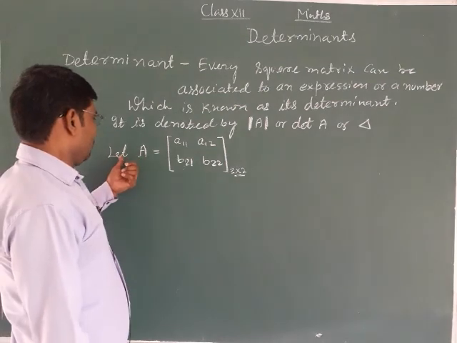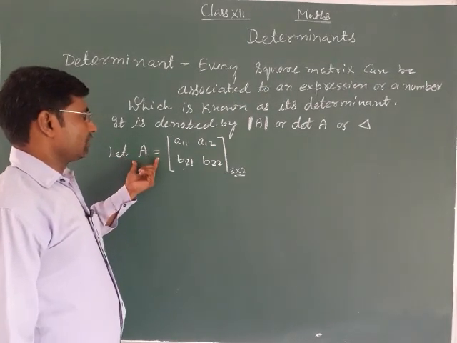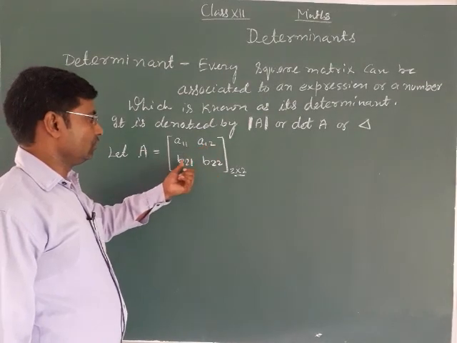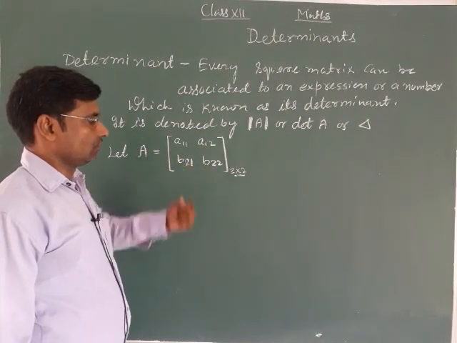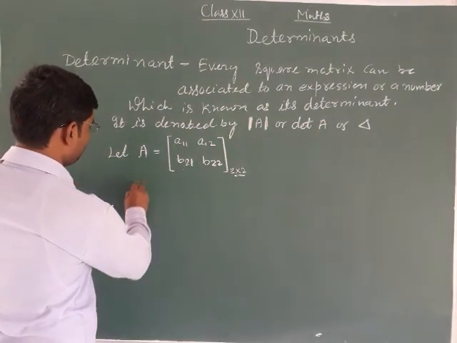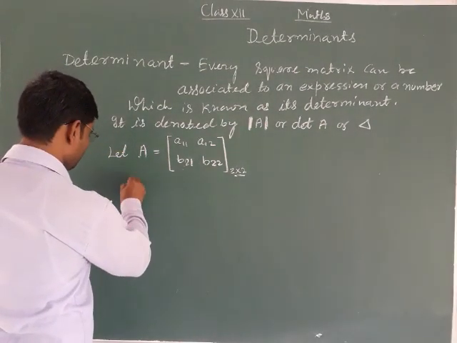Let the given matrix have elements a11, a12, a21, a22. Now we find the determinant.